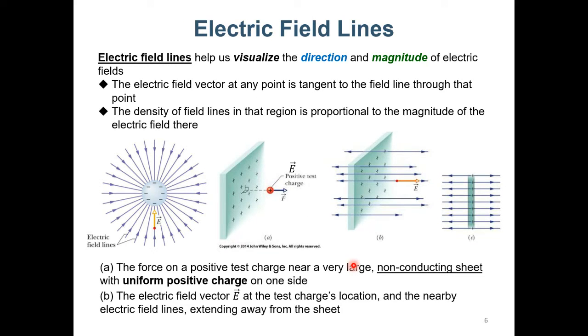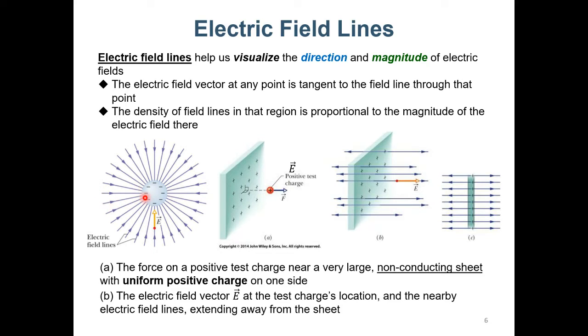So here we will introduce another concept called the E field line, the electric field line. It helps us visualize the direction and magnitude of the E field. You can see the electric field visually.